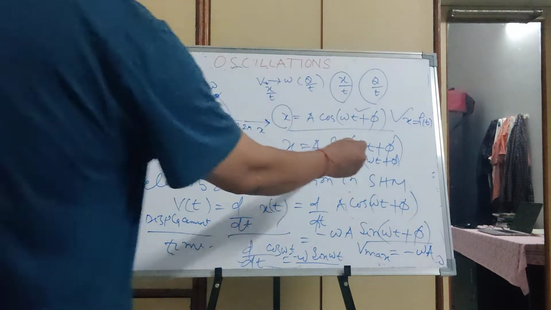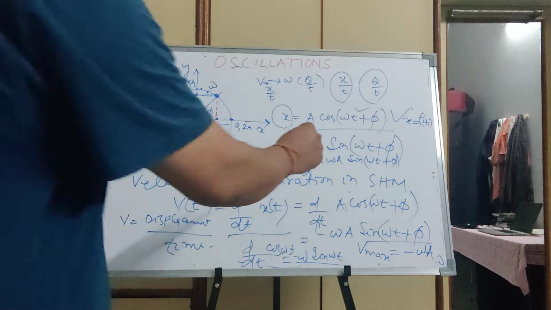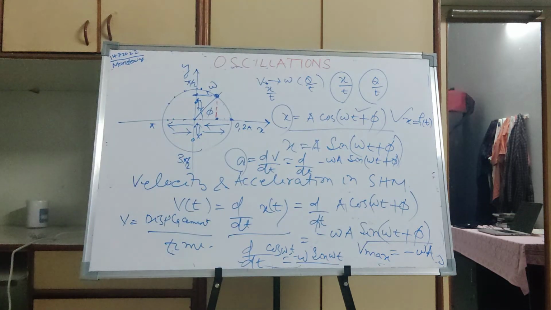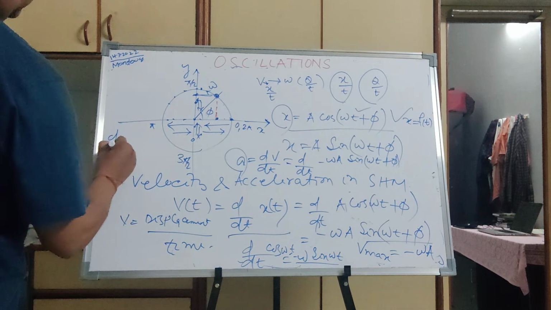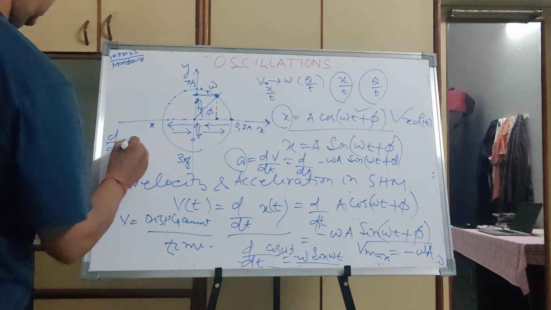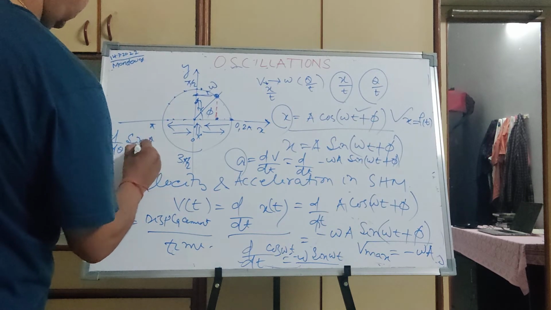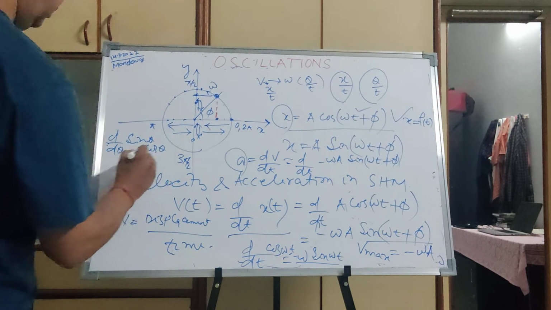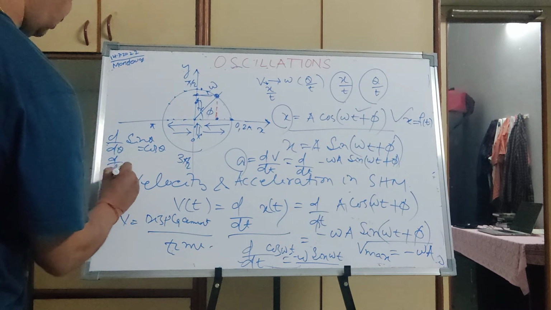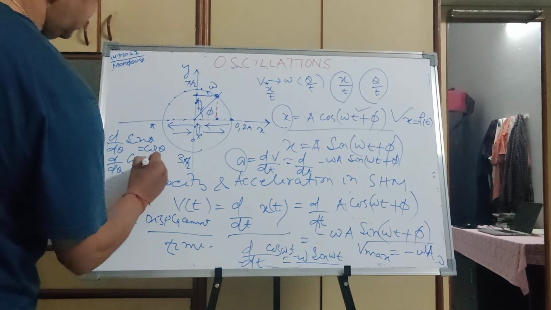Again this omega will go outside, and this sin will become cos now. When sin becomes cos, it will not become negative. d by d theta of sin theta is cos theta, and d by d theta of cos theta is minus sin theta.